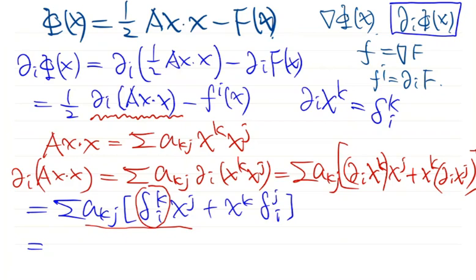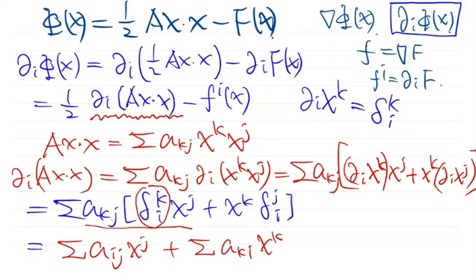So this is a_ij x_j. This is the first term. Similarly, for the second term, because of delta_ij, only the term where j equals i can survive. So this is a_ki x_i. If the j here is not equal to i, then because delta_ij is 0, that term vanishes.